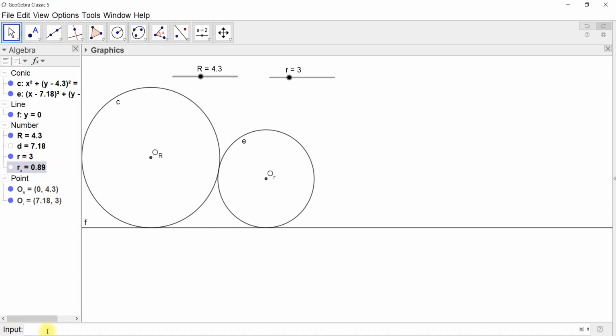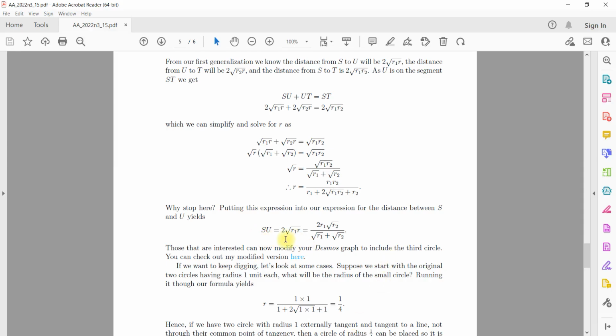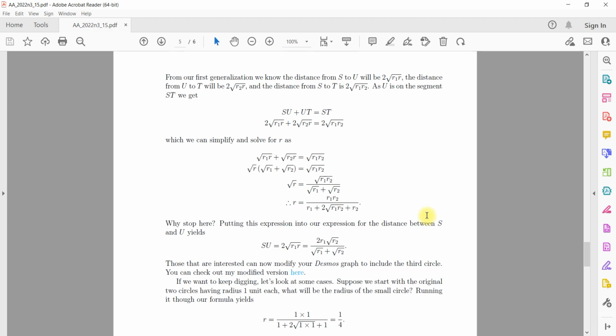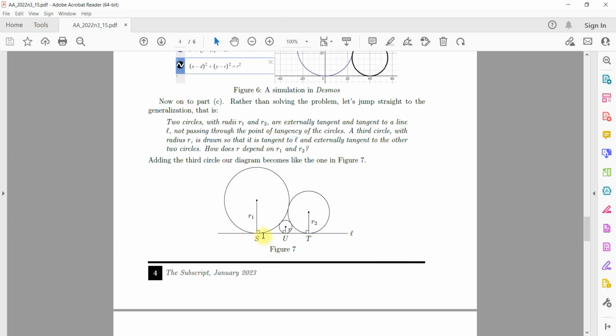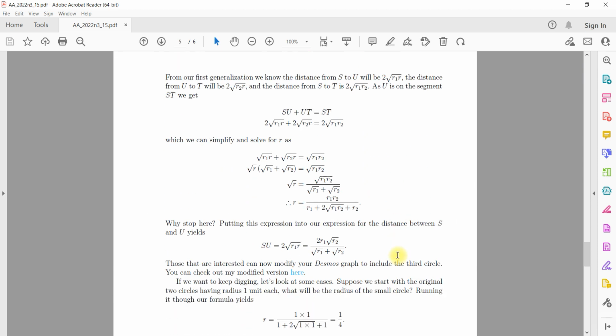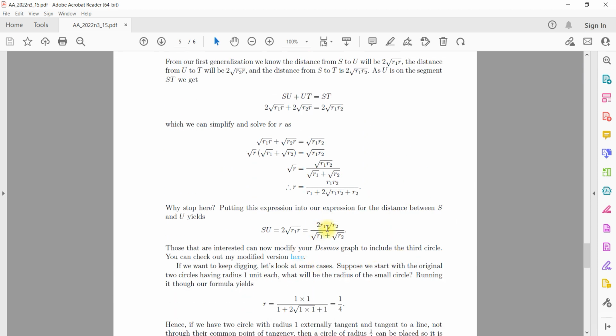r sub 3. And the other thing we saw was the distance between, now this is the distance between the point of tangency of the first circle and the new little circle. And here R1 and R2 is the first circle and the second circle. So this is going to be my big R and my little r.